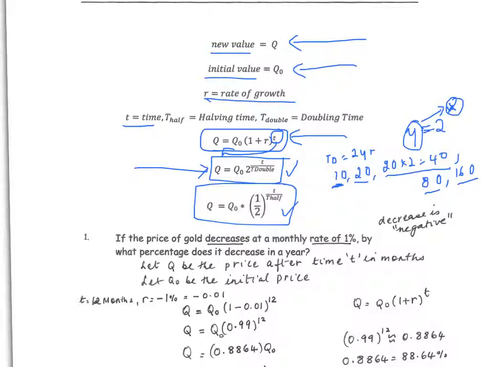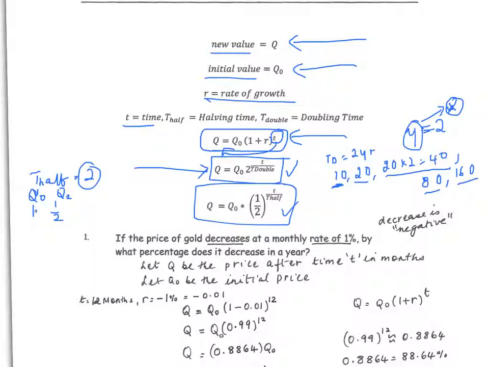Now, similarly, if T half is equal to 2 years, so at the beginning, your Q naught, let's say, is 1. The quantity in 2 years is going to be half of that.